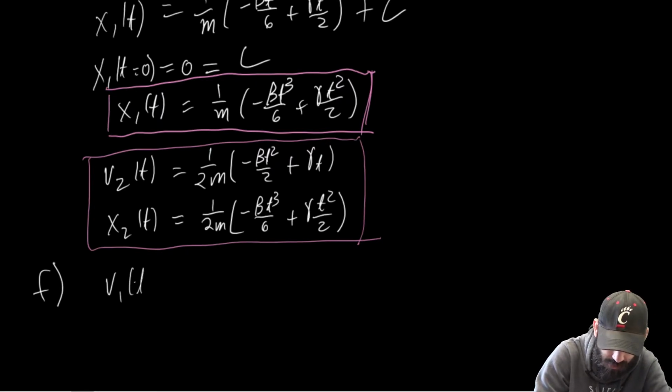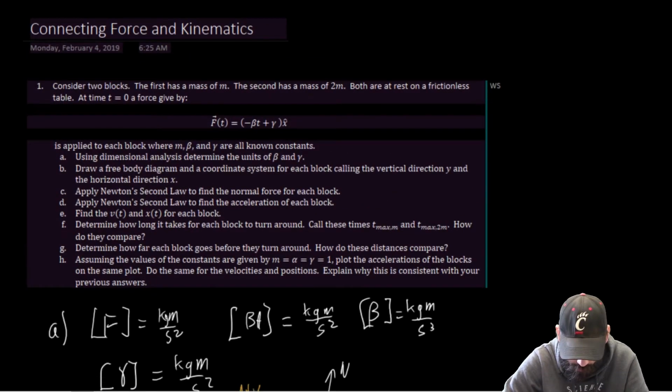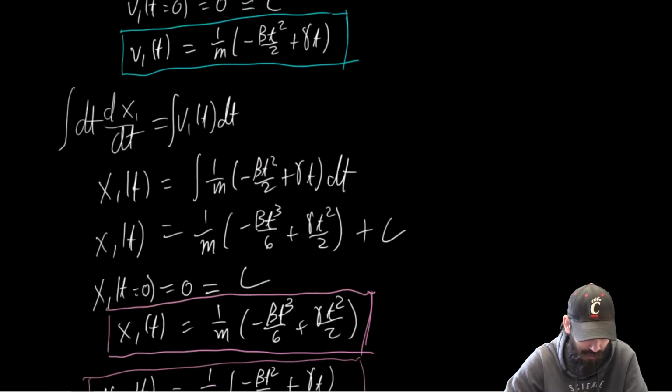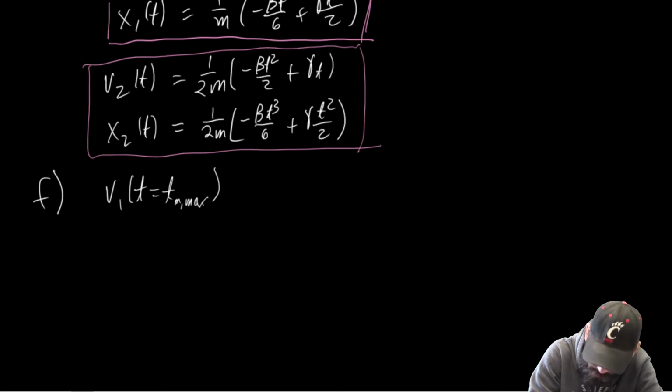So v of t at some special time, which I call t m max, or max of m, it doesn't matter, I'm just interchanging the order of my subscripts, is going to be equal to 0.